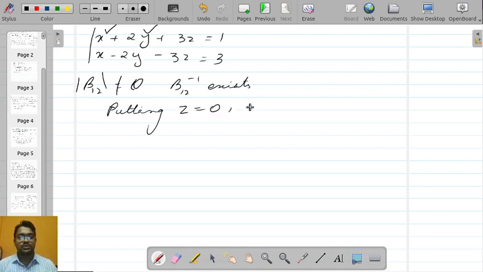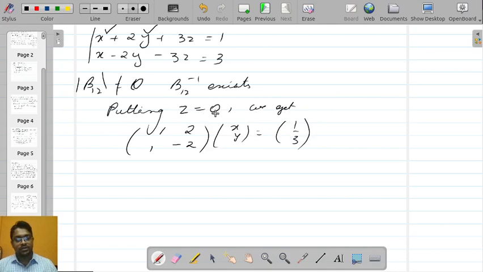Putting z equal to 0, we write it in matrix form: [1 2; 1 -2] times (x, y) equal to (1, 3). So z is already 0.